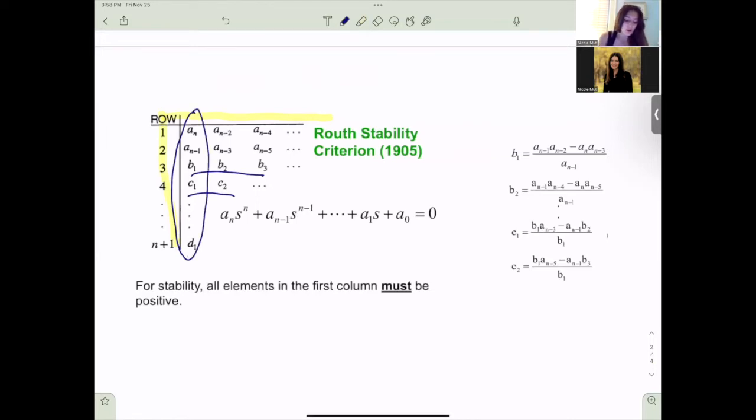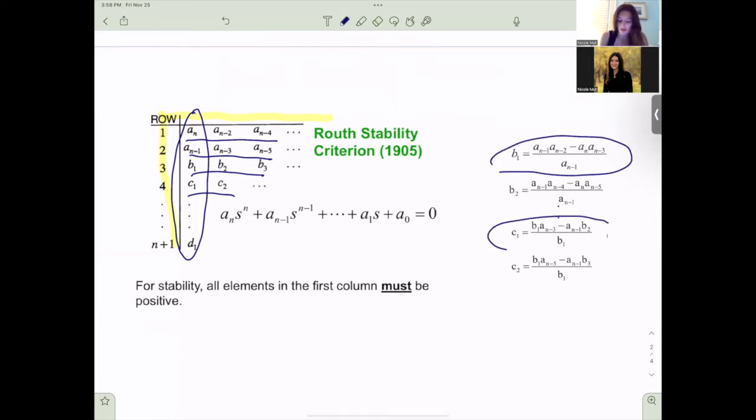And if all of the coefficients within this first column are positive, then it means the system is stable. You can see these first two rows are just coefficients from the characteristic equation. And then for these next two rows, 3 and 4, we need to start using these equations that I have listed off to the side here.